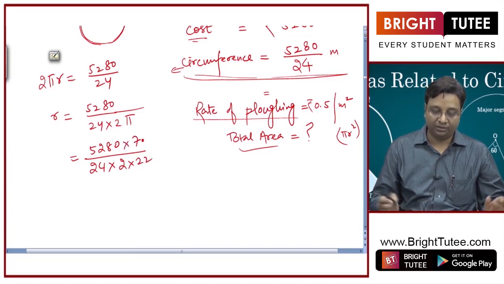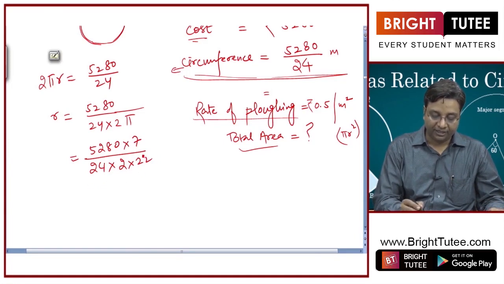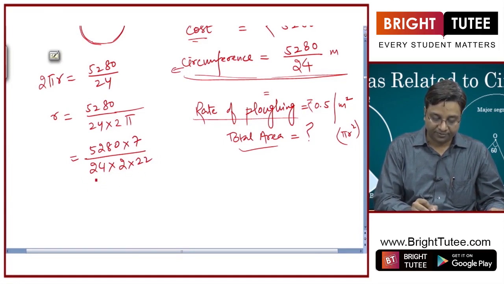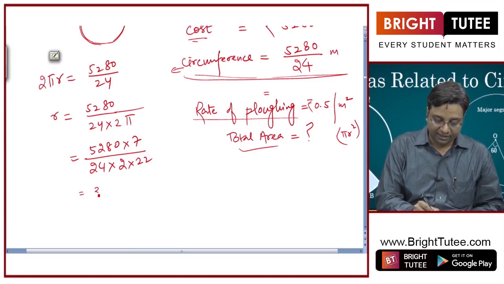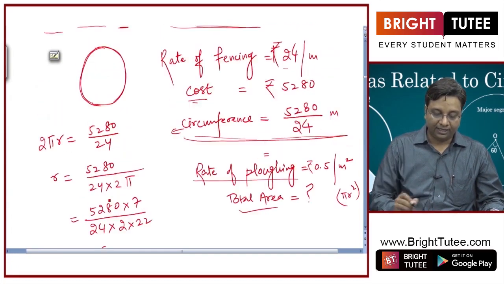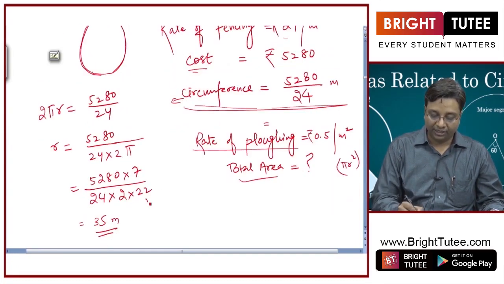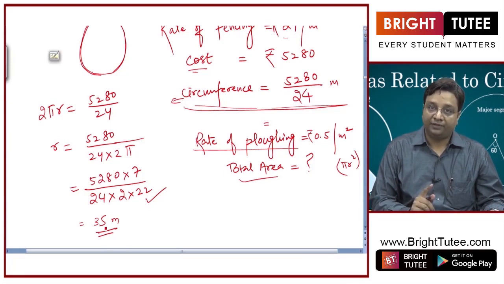It is not mentioned in the question, so I am taking it 22 by 7. Once you calculate this, you will find that the radius is 35 meter. You do this calculation yourself.